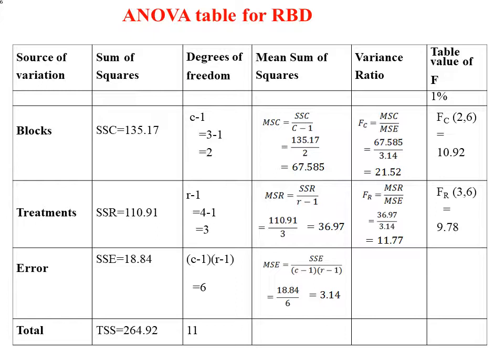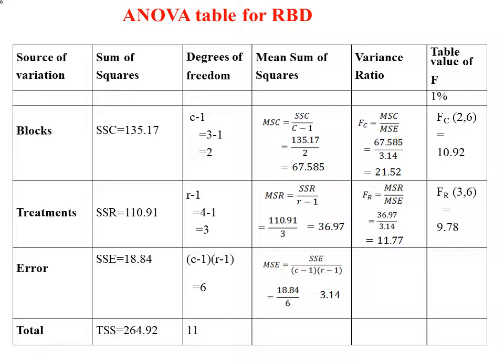So replace 36.97 divided by 3.14, you will get 11.77. And in our problem they are asking with the level of significance as 1. So for FC in the table you find the value for 2,6, you will get 10.92. Similarly, for FR you look at 3,6, in the place of 3,6 you will get 9.78, right?